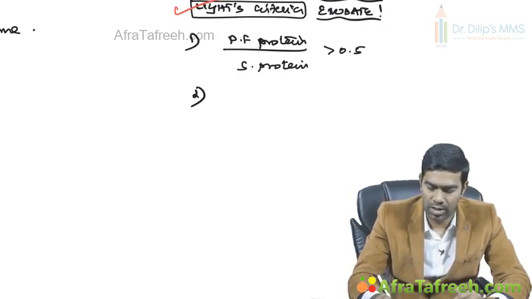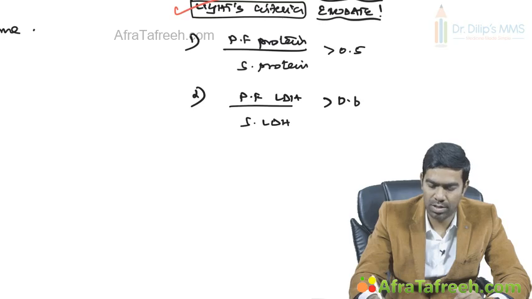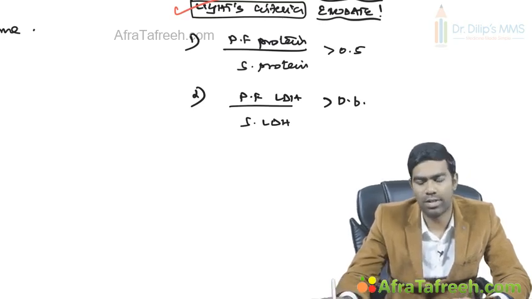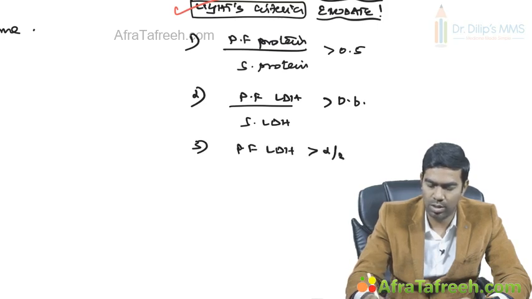Then you take the LDH in the pleural fluid and compare it with the serum LDH, and if the ratio is more than 60% or 0.6, definitely it is an exudate. Number 3, if the pleural fluid LDH is more than 2/3 of the upper limit of normal of serum LDH.